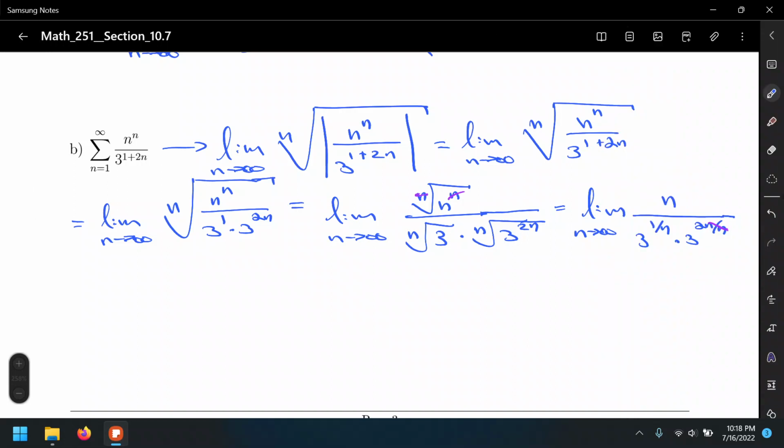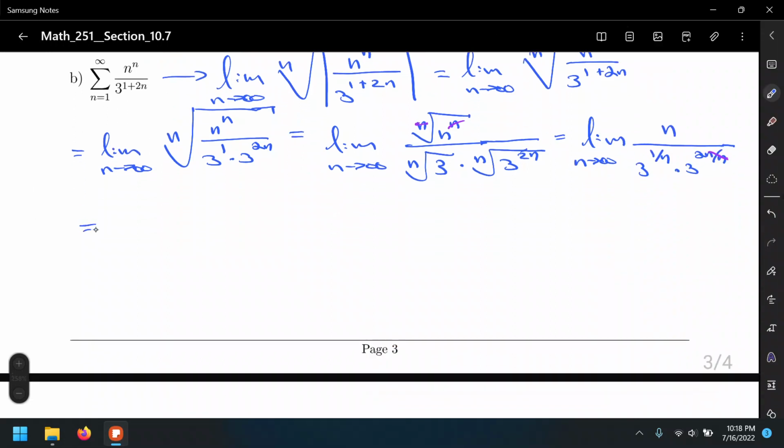So the limit as n approaches infinity, we're going to be left with n over 3 to the 1 over n times 3 squared, which is going to be 9.